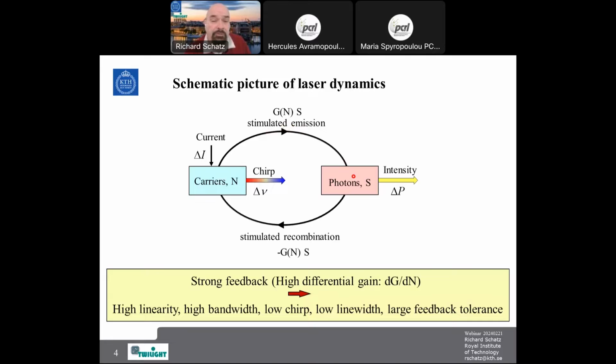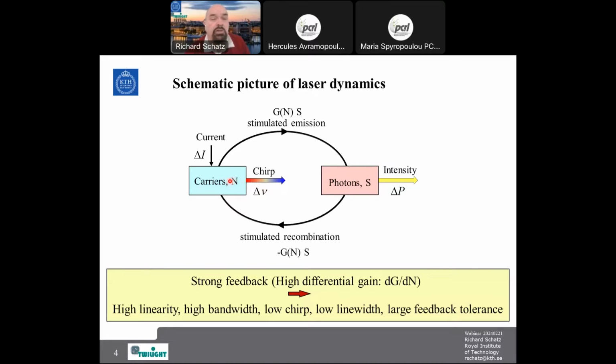But then the number of photons will give increased stimulated recombination, which tries to suppress the carrier density. And this means that if you change the current slowly, the carrier density above threshold will hardly change. So if you change the current slowly, you will not change the frequency.